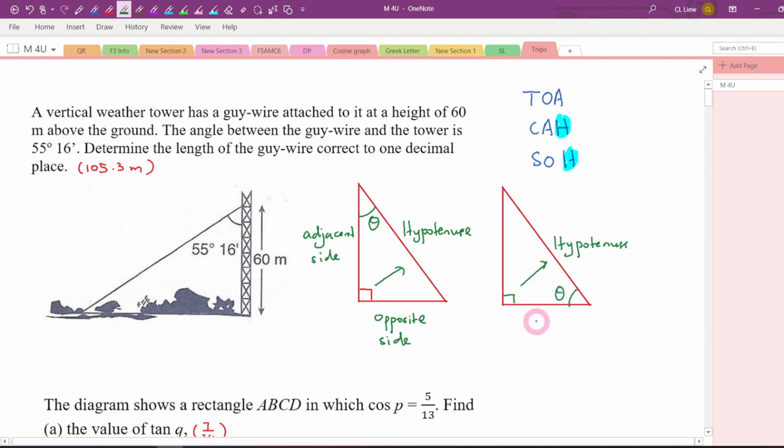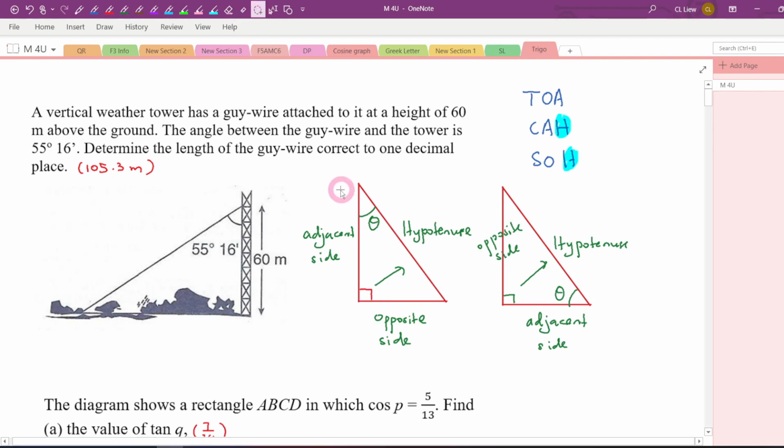Adjacent. So here will be the adjacent side. And this side is opposite this angle, so here will be the opposite side. Do you notice that the adjacent side and opposite side will be affected by the position of theta, but the hypotenuse is always opposite the right angle?